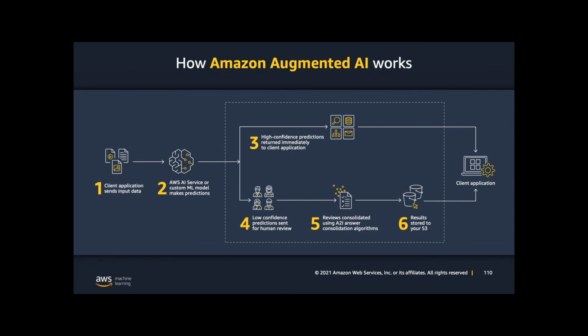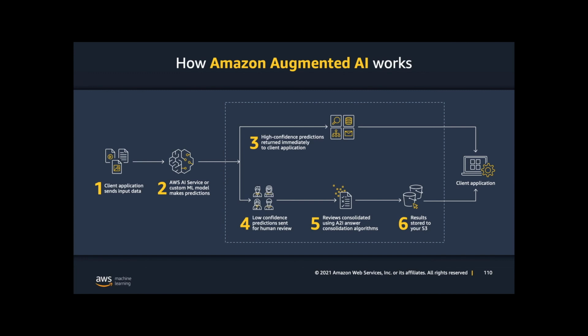Your client application sends input data, then your machine learning model, either with SageMaker or using an AI service, has some low confidence predictions that need to be sent for human review to improve accuracy, right?